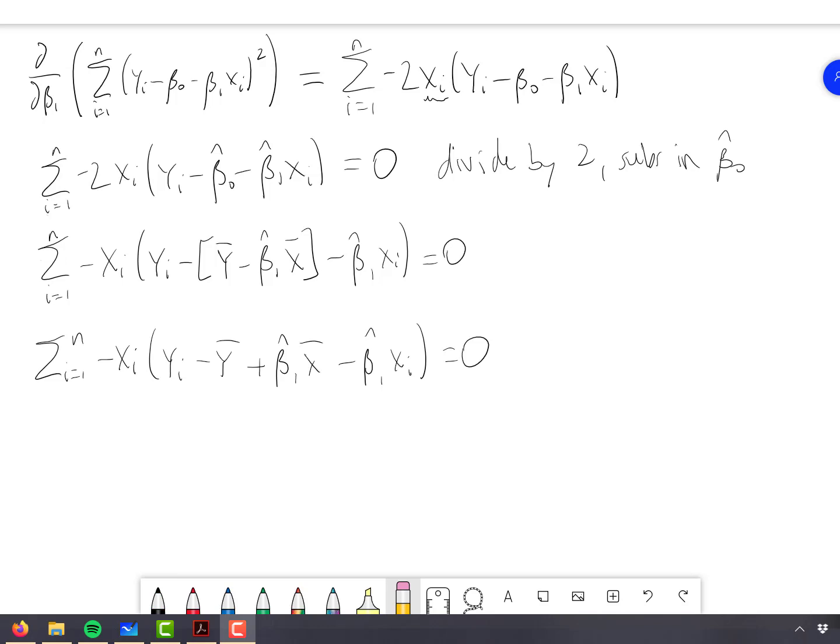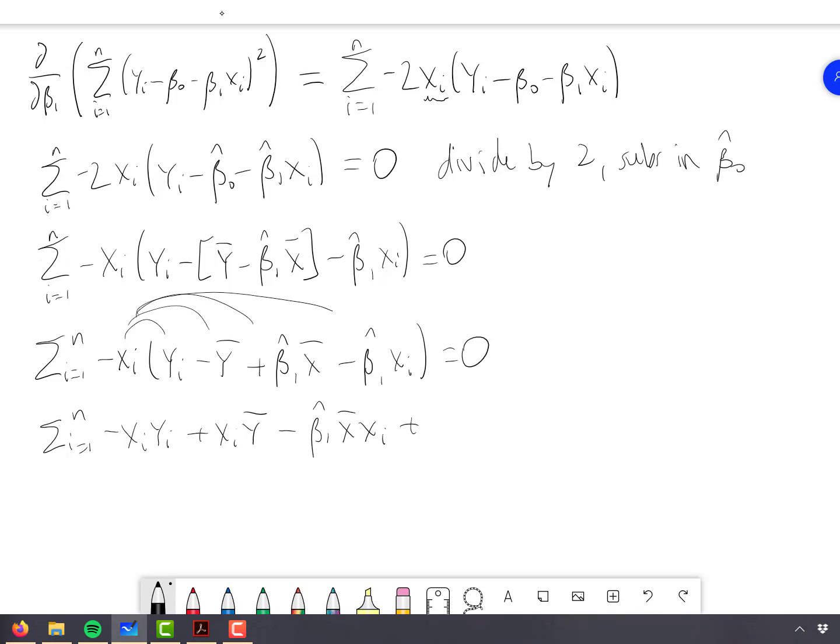At this point it might be helpful to factor in our xi term to all of these quantities. So we have the sum of i equals 1 to n of negative xi yi plus xi y bar minus beta 1 hat x bar xi plus beta 1 hat xi squared, all equal to 0.